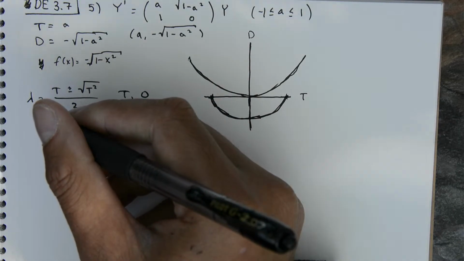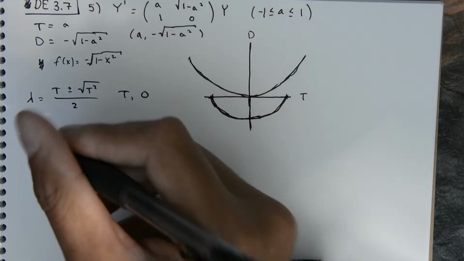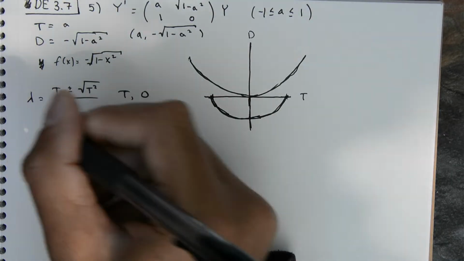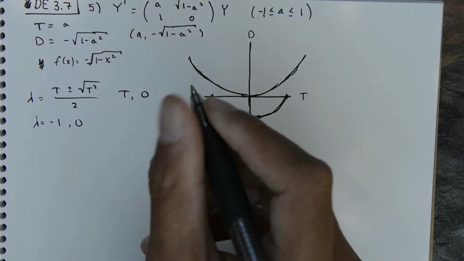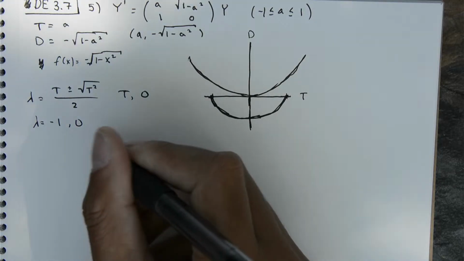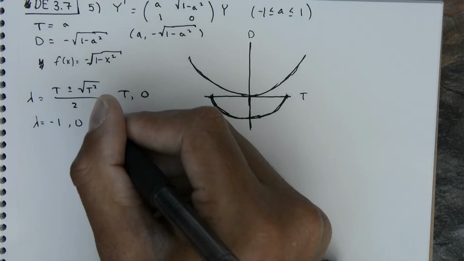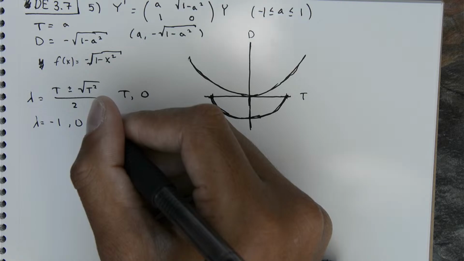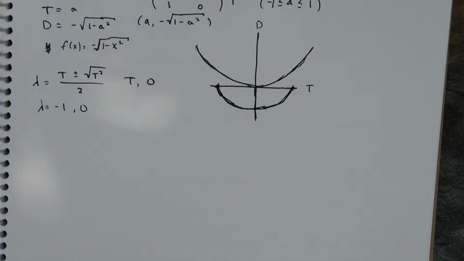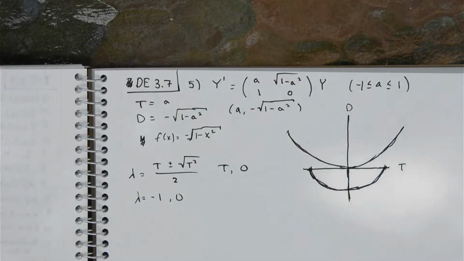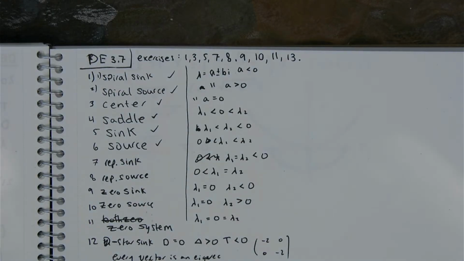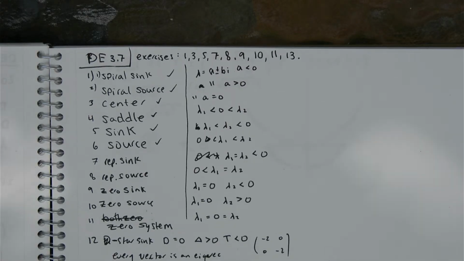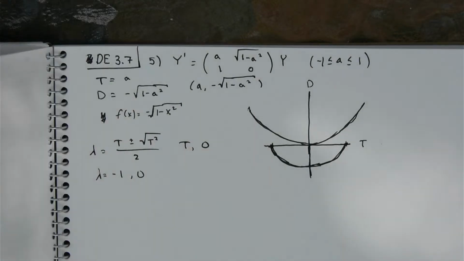And if the trace is negative, then we're going to have lambda equals like minus 1 and 0. So we're going to have like a type of thing where, wait, hold on. Is that right? Oh, you know what it is? No, I'm wrong.